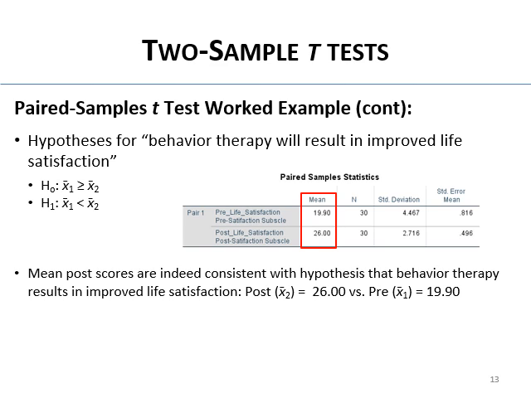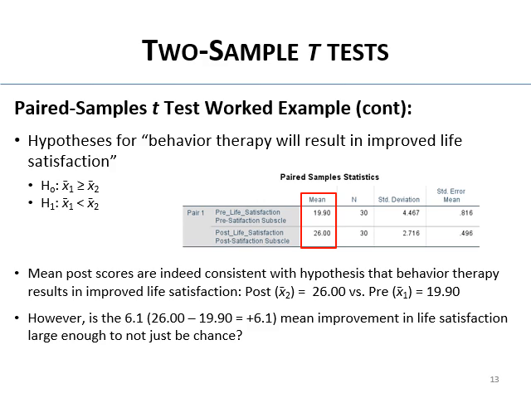The post score was 26, the pre was 19. That is a higher number, but the question is, that's a 6.1 point change. Is that just a couple extra red Skittles, a couple extra marshmallows in your Lucky Charms, or is that a real change? That's why we have to calculate the test. It lets us know the probability that a 6.1 difference could happen just by chance.